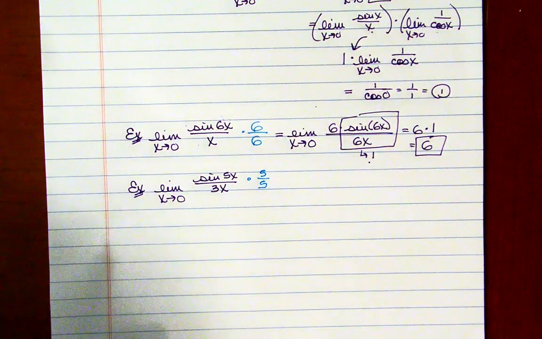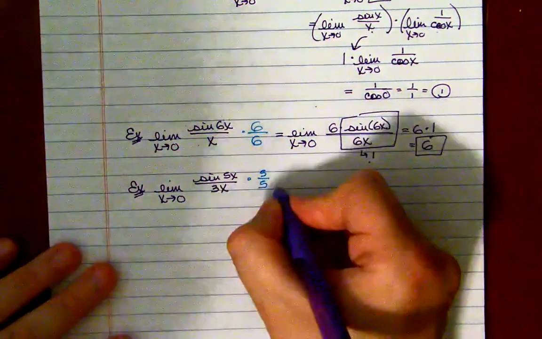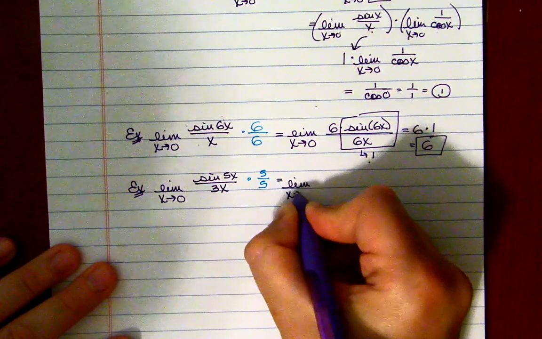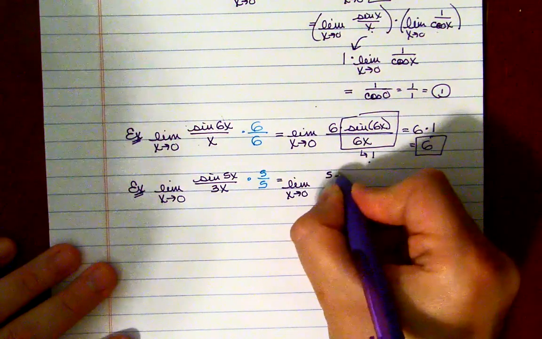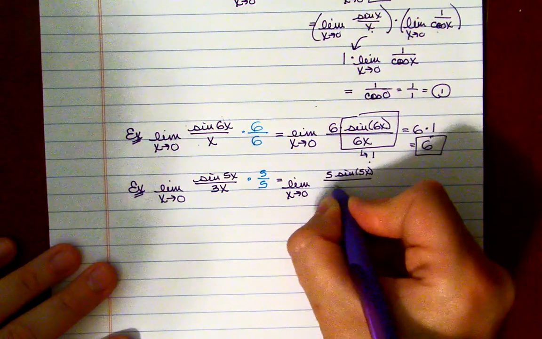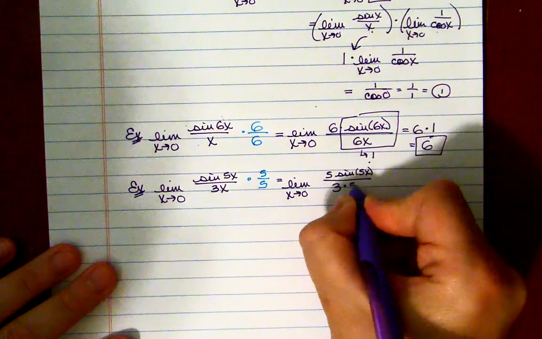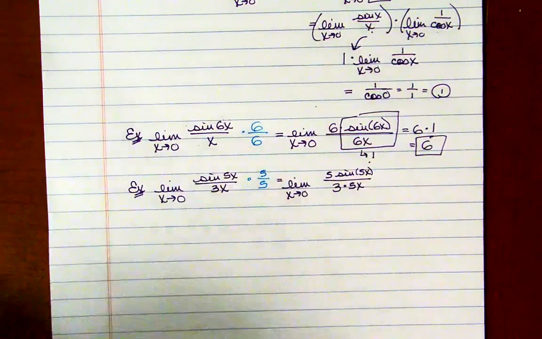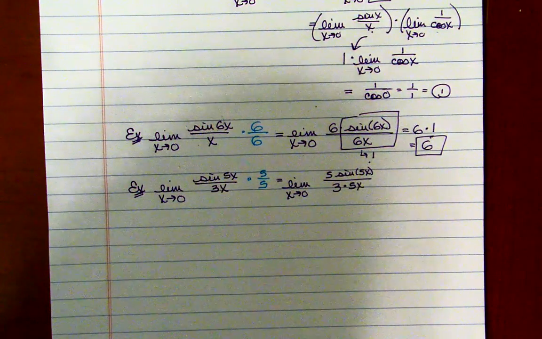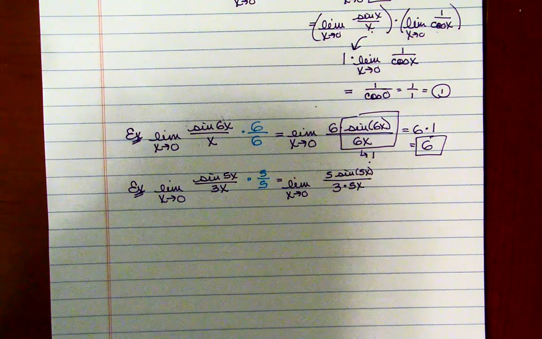There's another way you can do it with fractions. 5 is going to be easier though. I'm going to get the limit as x approaches 0 of 5 sine 5x, and in the denominator, 3 times 5x.